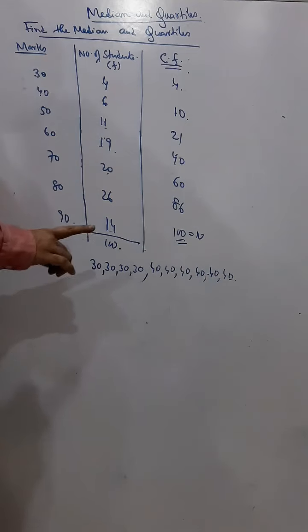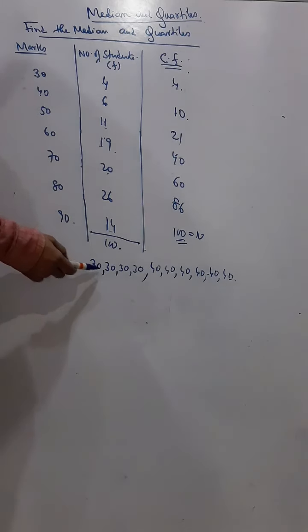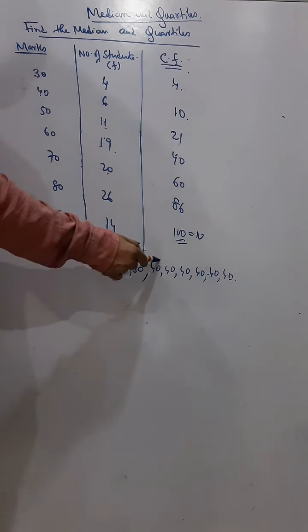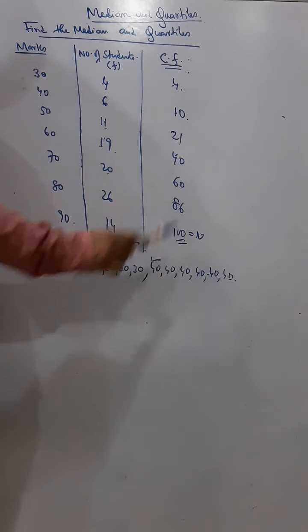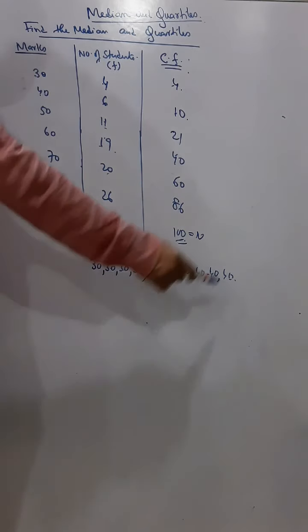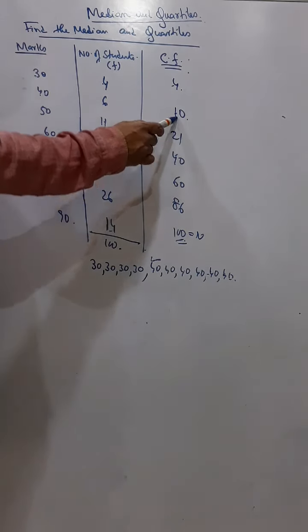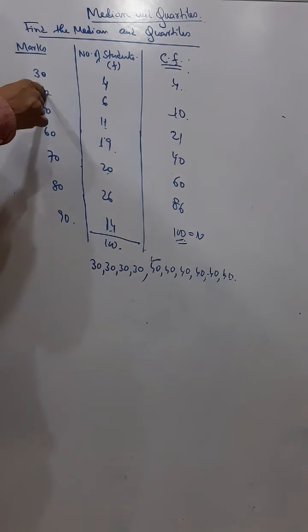Now if I ask you what is the fifth term, you can easily see that the fifth term is 40. The sixth term is also 40. The seventh term is 40. The eighth term is 40. The ninth term is 40. And the 10th term is 40.